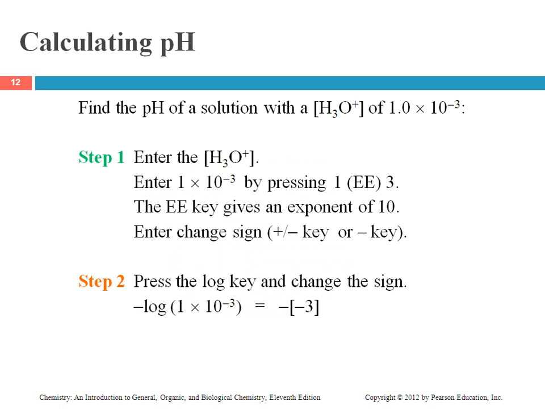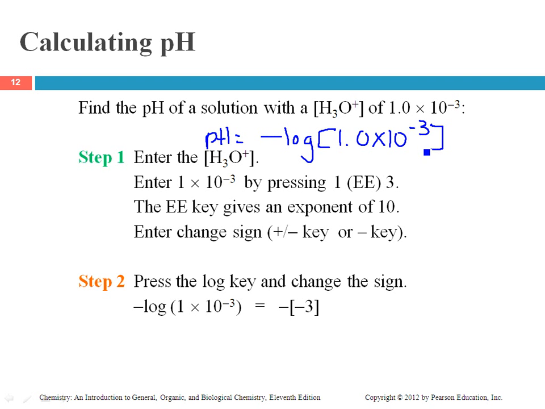But for those of you that have graphing calculators, like I do, you just put negative log and then put in the number. The key here is that we take the negative log to find the pH of 1.0 times 10 to the negative 3.